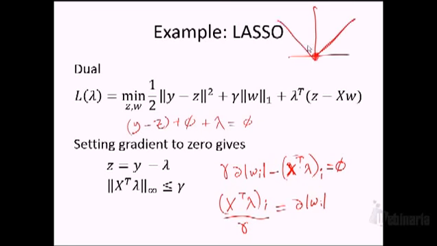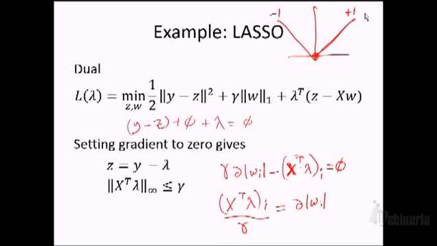We know that the absolute function is not differentiable at 0. We know that the derivative is +1 for positive w, -1 for negative w, but the function is not differentiable at 0. And so we resort to subdifferentials, which were introduced in our previous recitation.